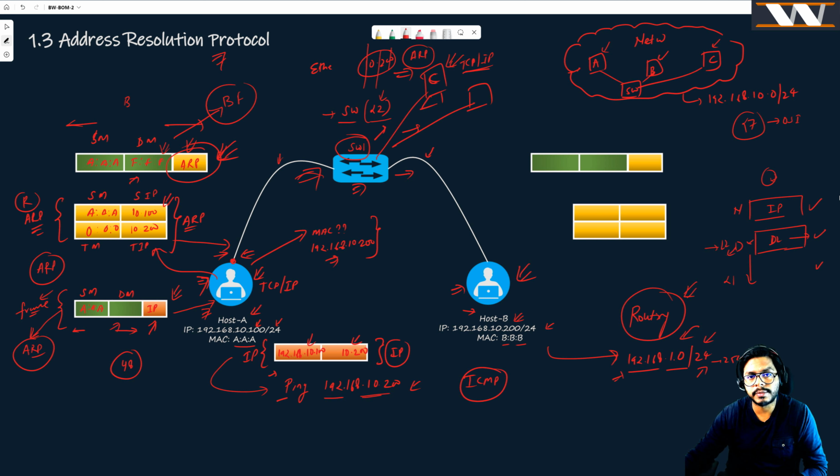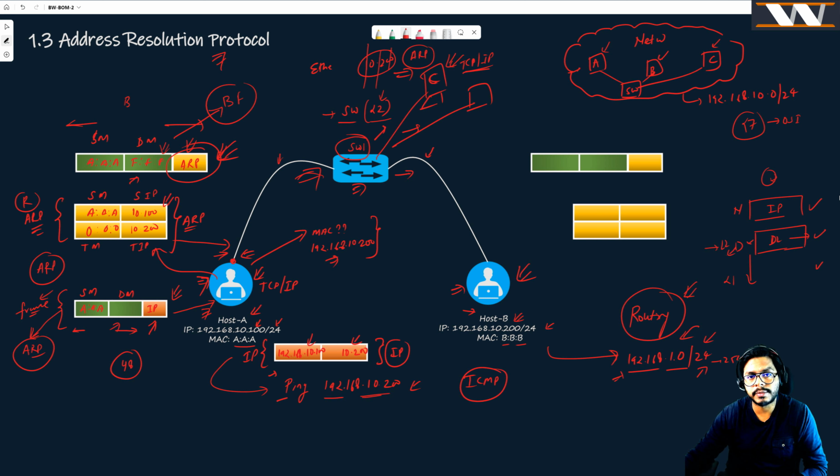Sender MAC is going to be B:B:B now, because host B is the sender. 10.200 is going to be the sender IP. The target MAC is going to be A:A:A, and the target IP is going to be 10.100, right?